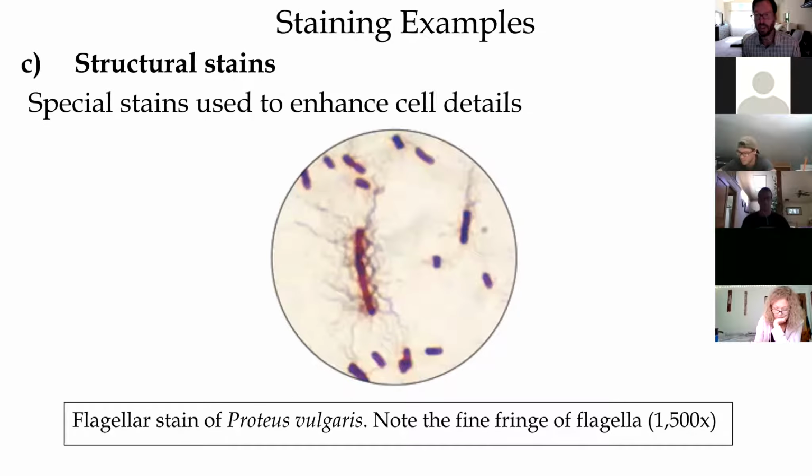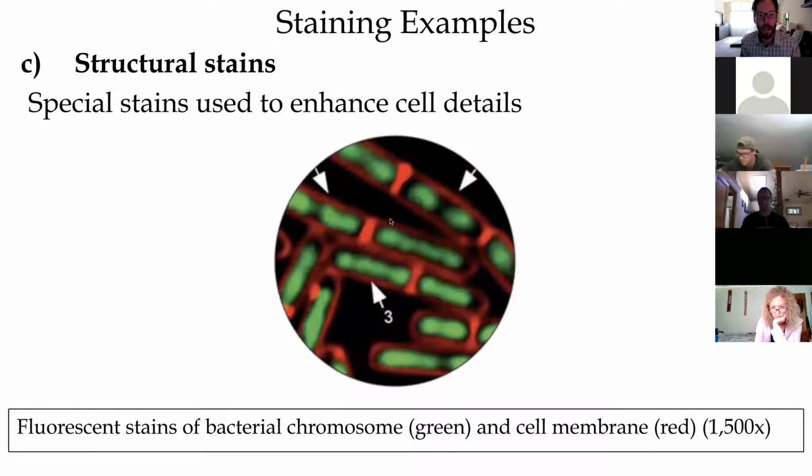Flagellar stain shows us these flagellar structures, and it's putting the cart before the horse a little bit because we haven't talked about morphology yet of bacterial cells, but we'll get into that later on.